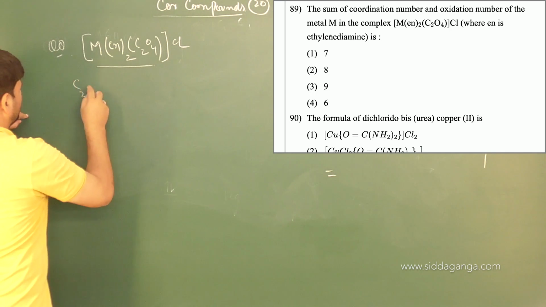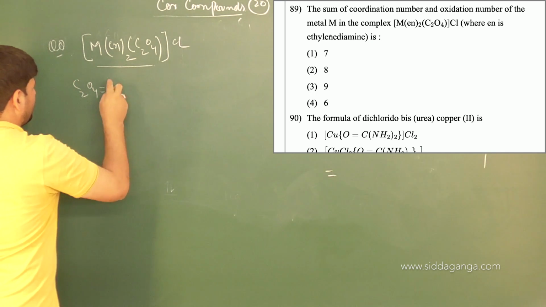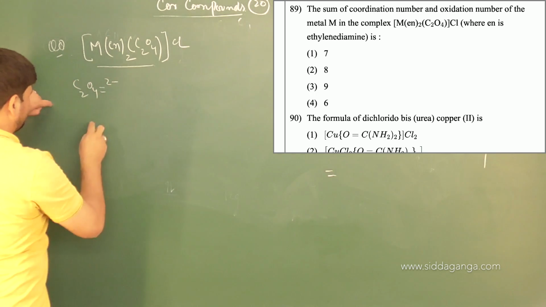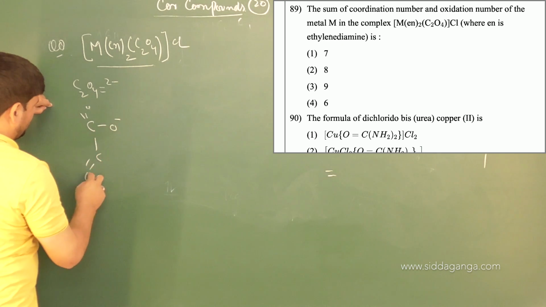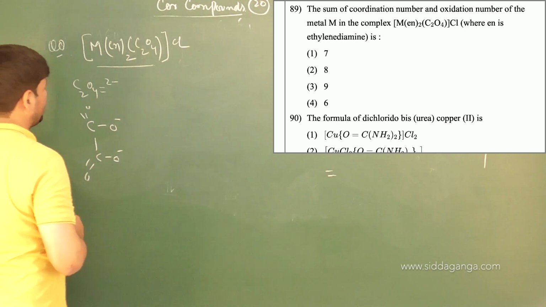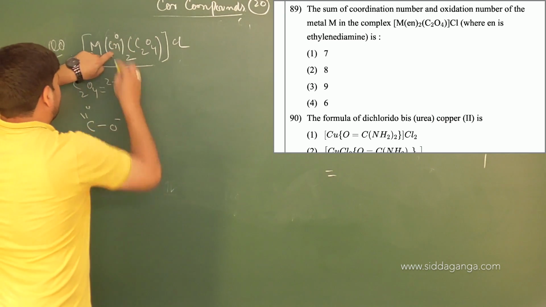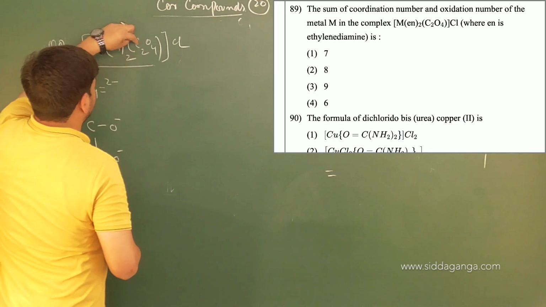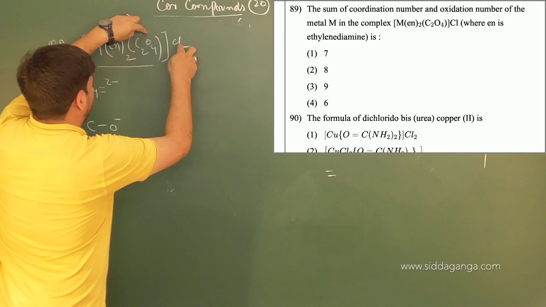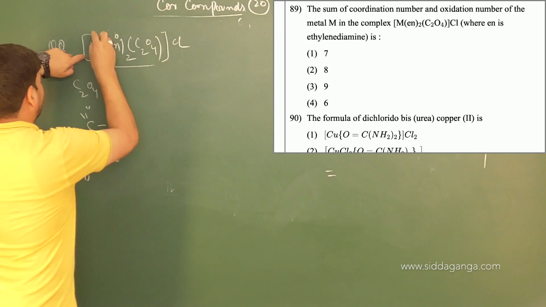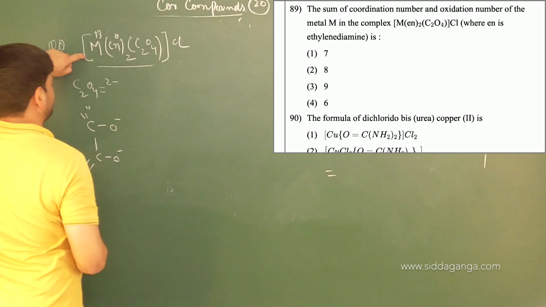This is the oxalato group C2O4, and we know its oxidation state is 2 minus, because we know C double bond O, O minus, and C double bond O, O minus. Ethylene diamine is a neutral ligand. So the charge needed by C2O4 is 2 minus. The chlorine needs 1 more. Total charge needed is 3. So the metal atom should be in the +3 oxidation state.